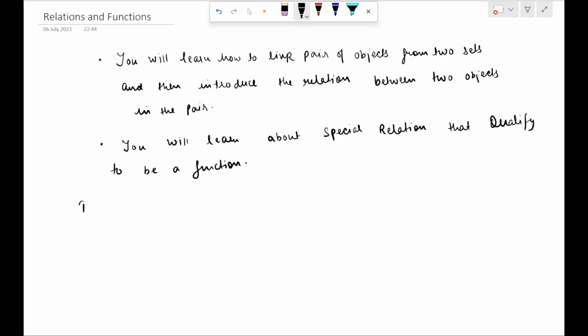So, our first topic is the Cartesian product of two sets.